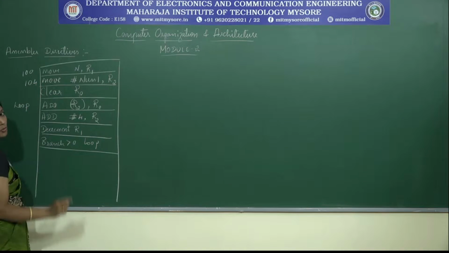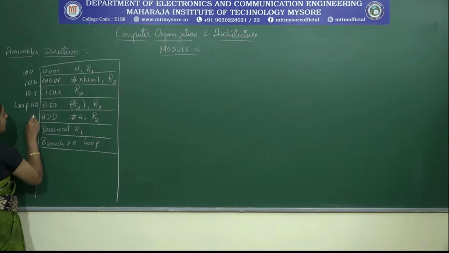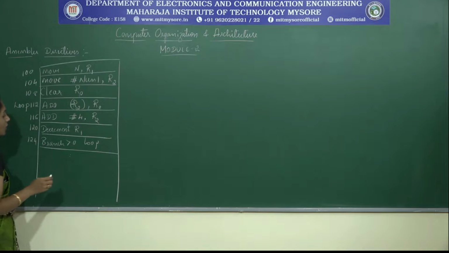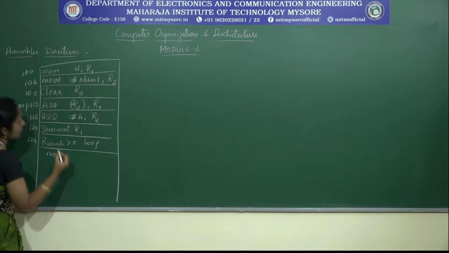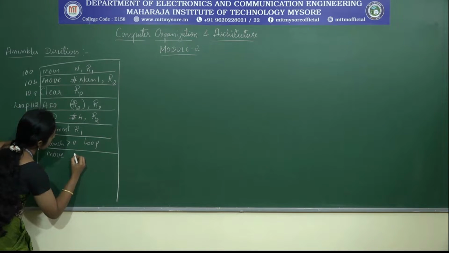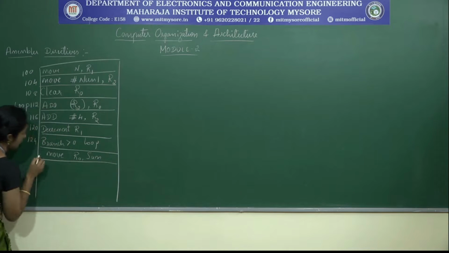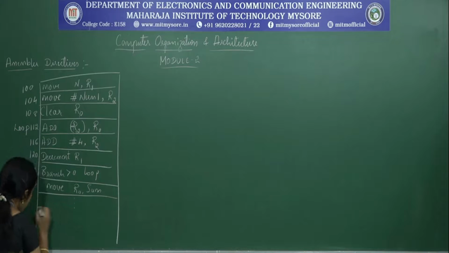Since it is a 32-bit computer, let us consider the addresses 104, 108, 112, 116, 120, 124. After this we will have one more instruction, that is move R0 comma sum, at 128.